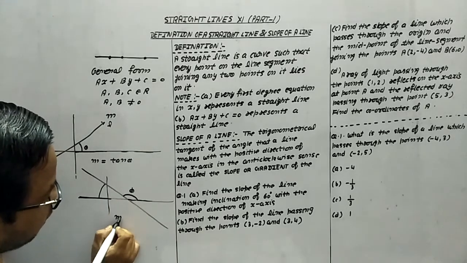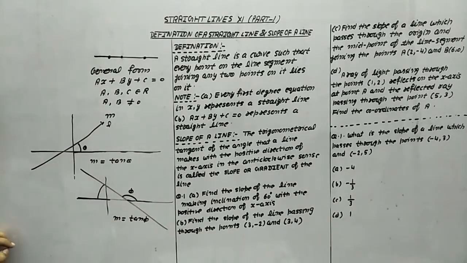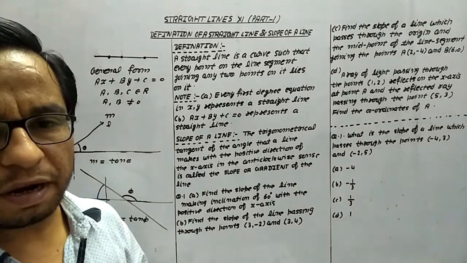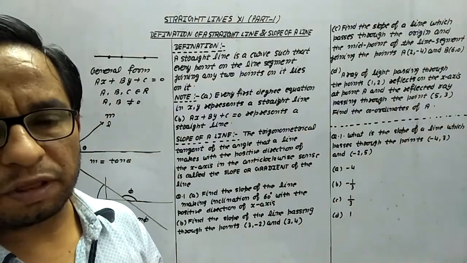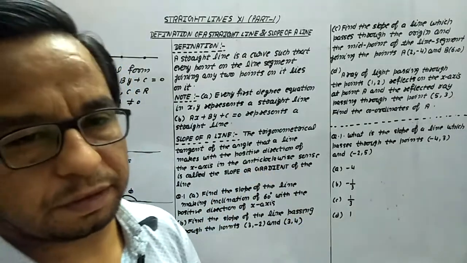Therefore, for this line, slope is given by m equals tan phi. So this is the way to represent the slope of a line, and generally the slope represents the bending of the line with the positive direction of the x-axis in the anti-clockwise sense.